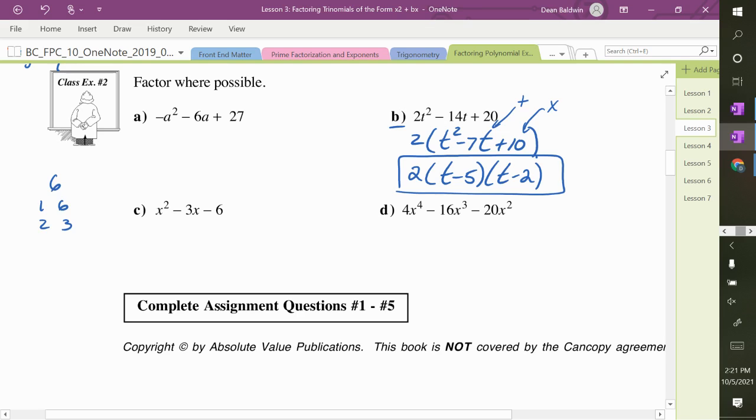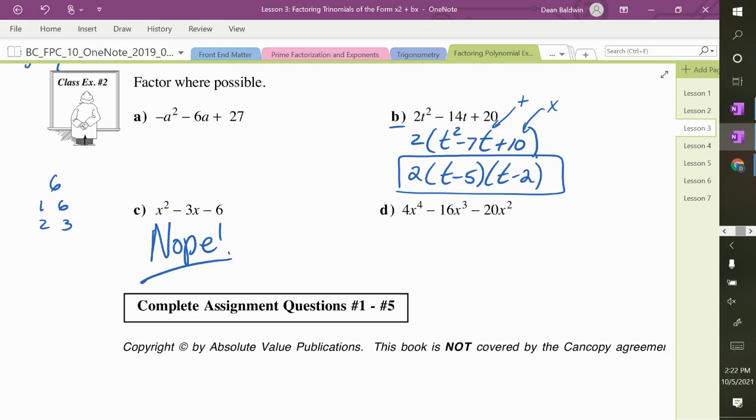Is there anything else? Is there any combination there that can get me to negative 3? What someone just said. You can't do it. Because I can't add 1 and 6 or take the difference of 1 and 6 or make one negative to give me negative 3, and the same with 2 and 3. There's no way I can do that.